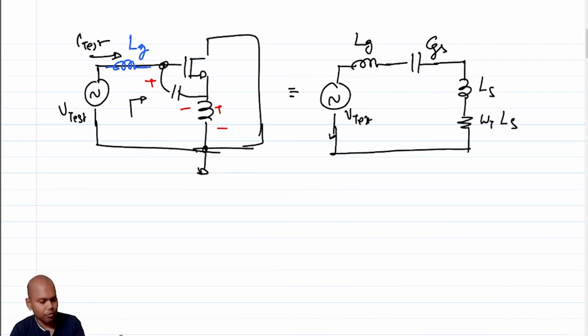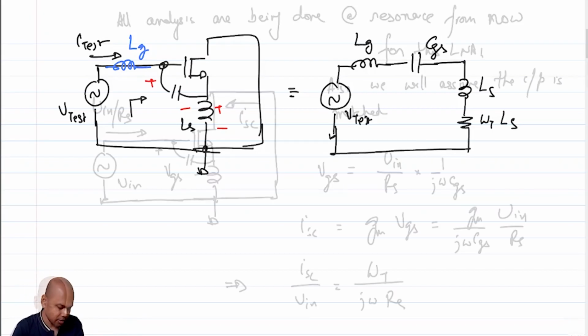Then we saw the issue that LS was having too many things to do. It was not only setting the 50 ohm match, but it was also setting the resonant frequency, and that becomes a problem if I do not want the resonant frequency to be fixed. I want it to be going back and forth based on my separate requirements. So we introduced another design variable, which is LG.